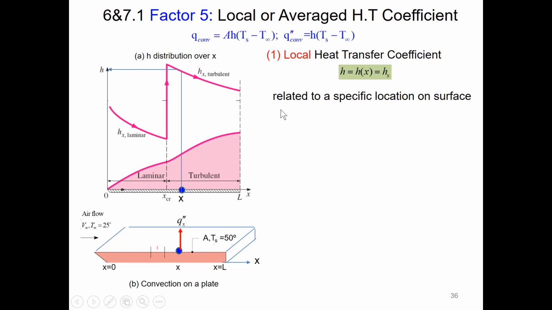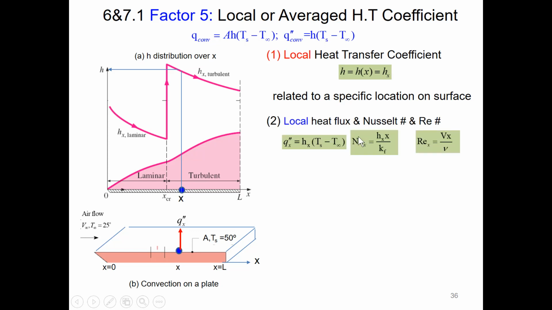It is the heat transfer coefficient related to a specific location on the solid surface. Due to being in use of local heat transfer coefficient Hx and the specific location X, we have a local heat flux, local Nusselt number, and local Reynolds number at a specific location X.